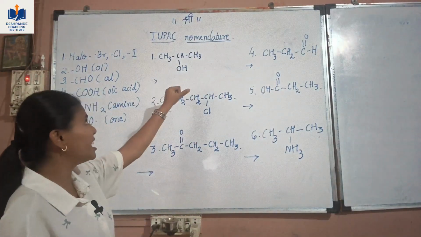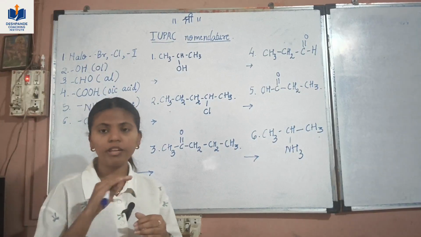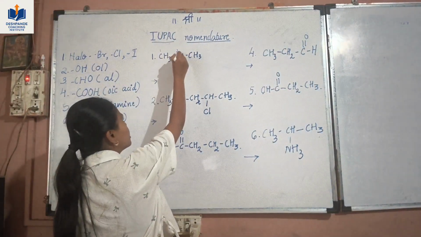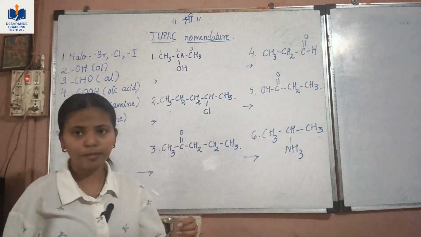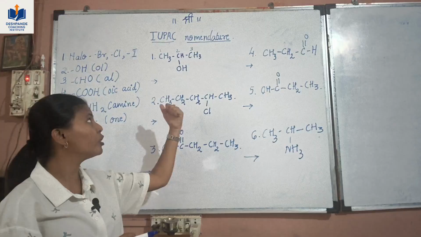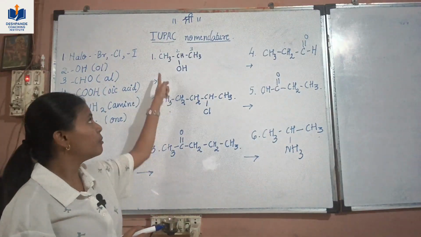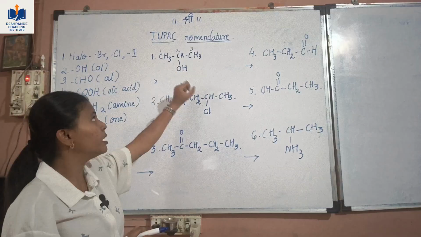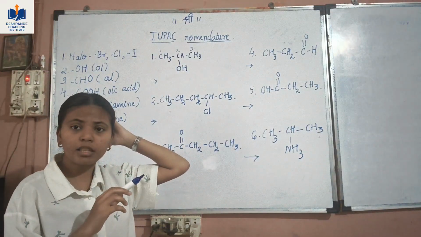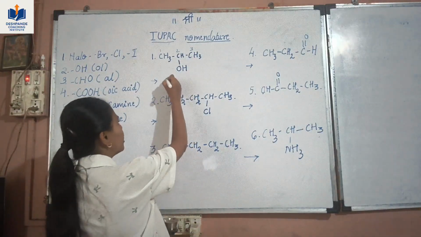But in IUPAC names, we have to mention where the OH is attached. So first of all, we have to number the carbon atoms. This is the first carbon atom, this is the second, and this is the third. You don't have to number them in the exam, I am just writing for your information. So OH is on the second carbon atom, and the name of this compound will be propan-2-ol. We also have to mention the number where the OH or the group is attached.